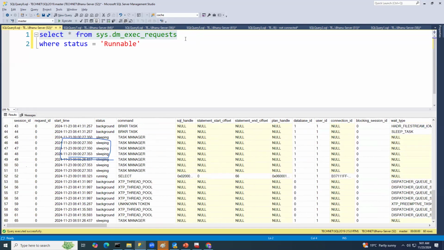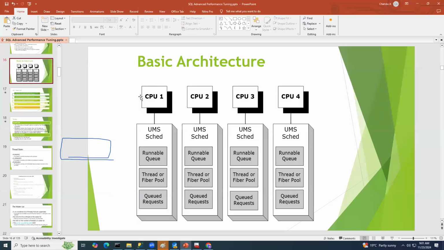You don't see it here because we don't have any runnable task, but you will see the runnable queries, right? If you see the runnable queries, you can consider that whatever the query was waiting for, it all has the resources and is ready to run on the CPU. Basically it is waiting for the CPU to be available, right?